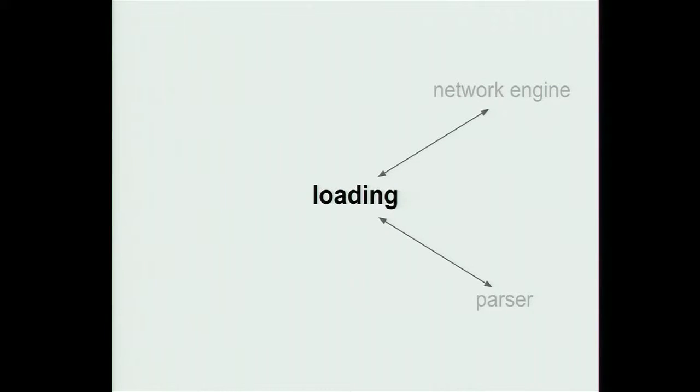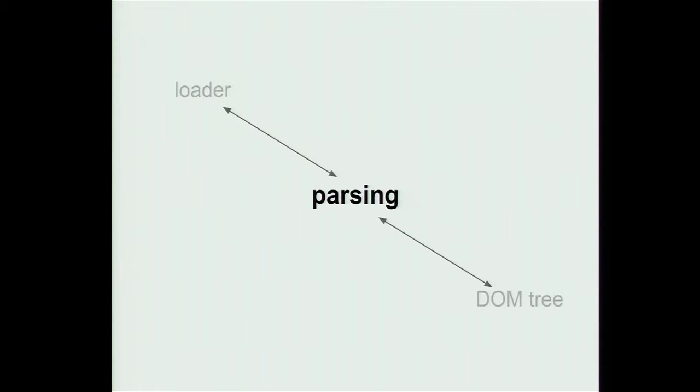And it'll start out by kicking off a network request using whatever network engine your platform uses. And then that network connection will call back the loader and say, I have data. And the loader feeds that to the parser. The parser will begin building the DOM tree.